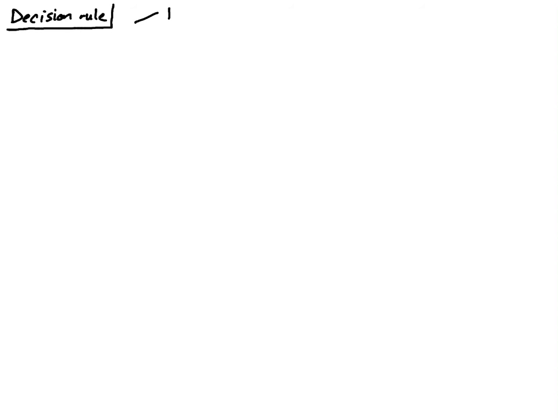We have the p-value approach and then we have the critical value approach. I'm going to talk about how we apply each of these approaches to the three types of tests that we have.